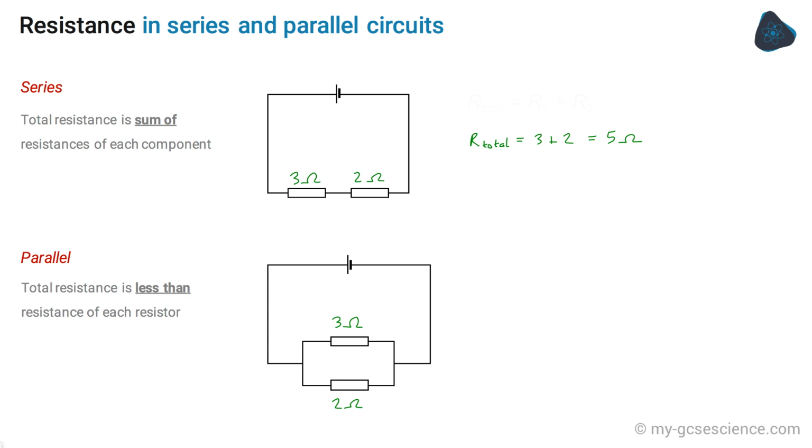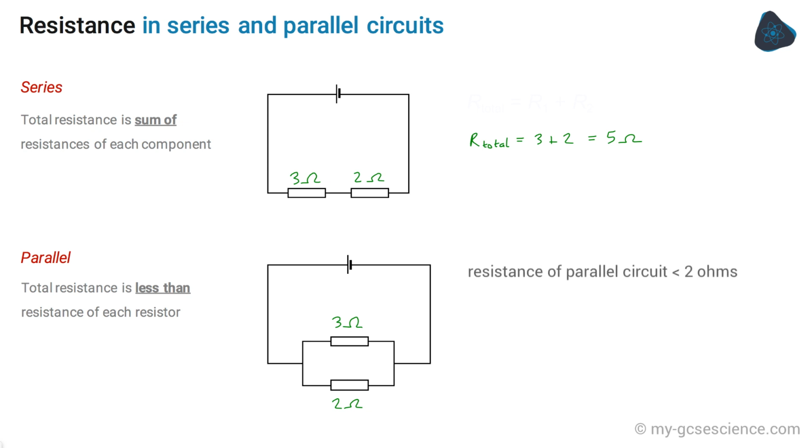The top one, the series one, or the bottom one, the parallel one? Now the answer to that question is in fact that the parallel circuit will have the lower resistance. As a matter of fact, the overall resistance of this circuit will be even lower than the resistance of the smallest resistor used in it, which in this case is 2 ohms.